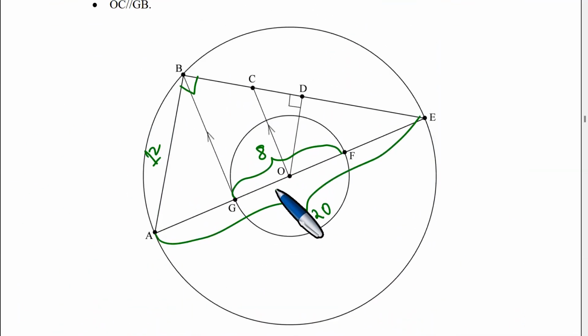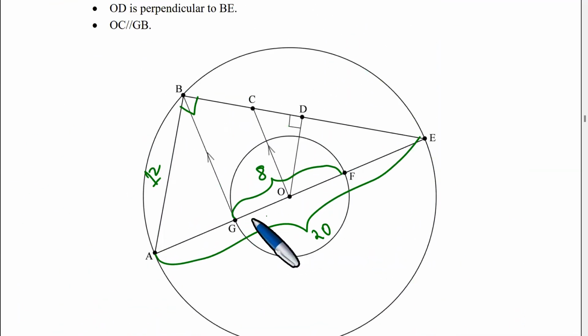Right, obviously here we're dealing with the fact that this one is the diameter of the smaller circle, 8 units, so half is the radius here, and you have BO, but you need OE.